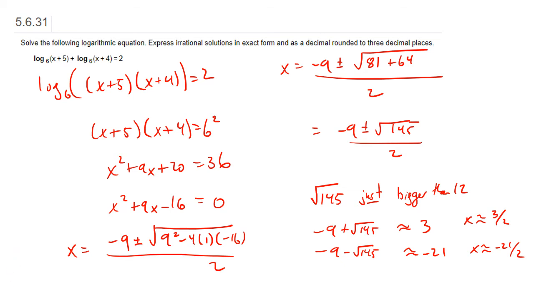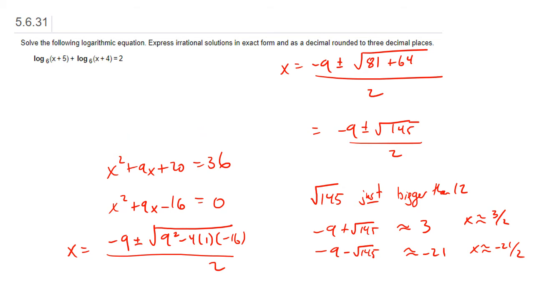So I'm going to come back over here and check for whether the solutions we found are actually both in the domain of the expression we began with. If x is roughly equal to 3/2, then I am in the domain of both expressions. However, if x is pretty close to negative 21/2, I mean, that's pretty close to negative 10, negative 20/2.